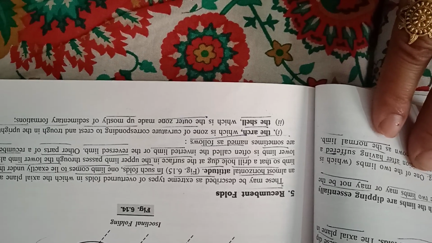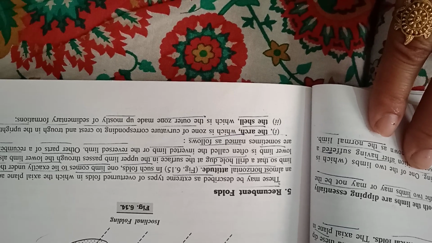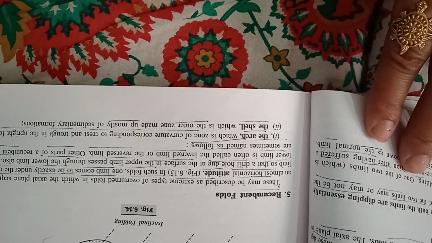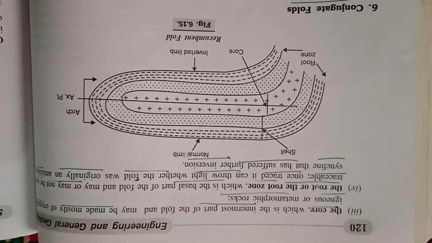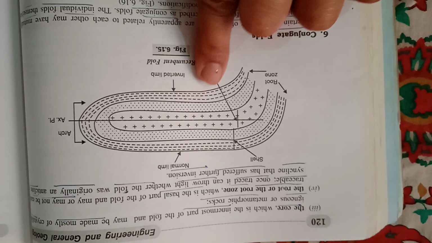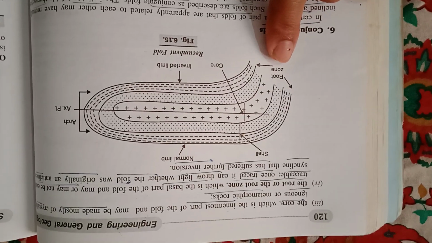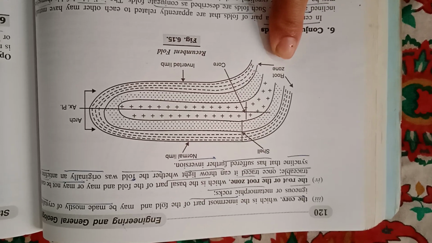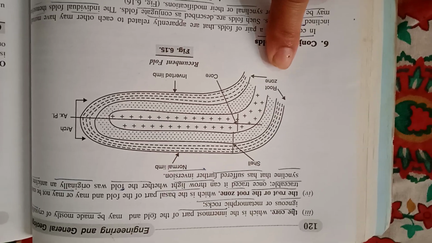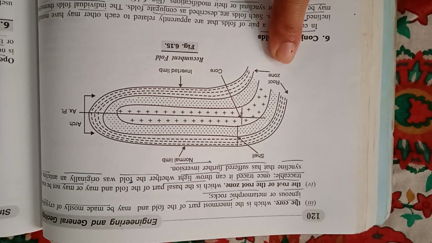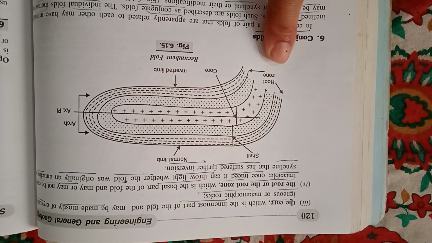Other parts of a recumbent fold are sometimes named as follows: the arch, which is a zone of curvature corresponding to crest and trough in the upright folds; the shell, which is the outer zone made up mostly of sedimentary formations; the core, which is the innermost part of the fold and may be made mostly of crystalline, igneous, and metamorphic rocks; the root or the root zones, which is the basal part of the fold and may or may not be easily traceable.